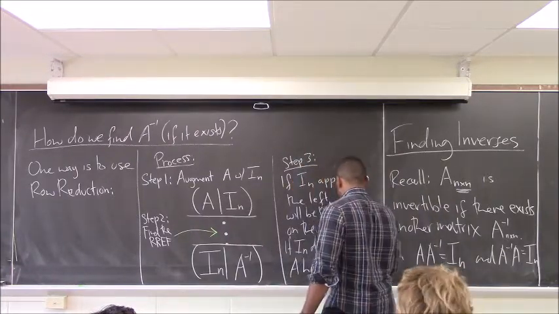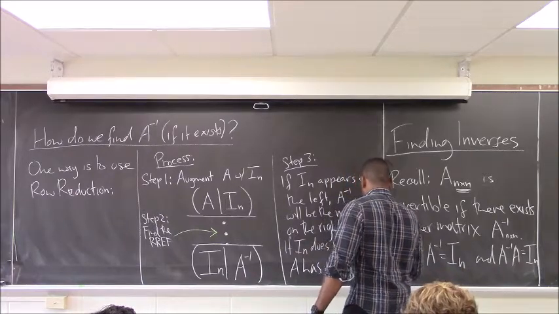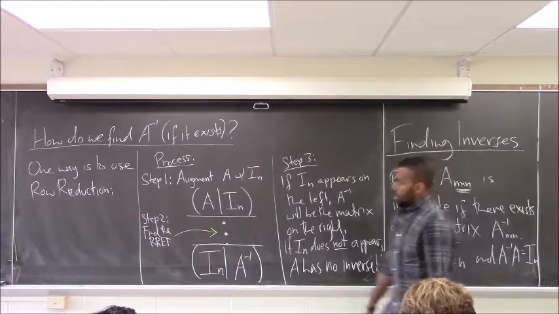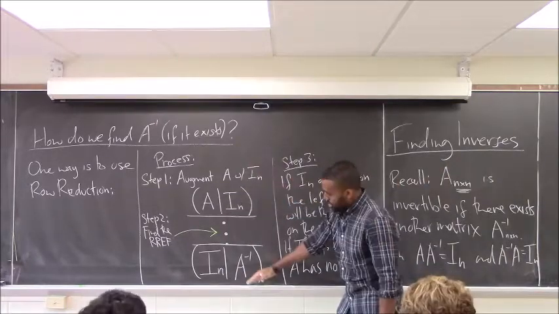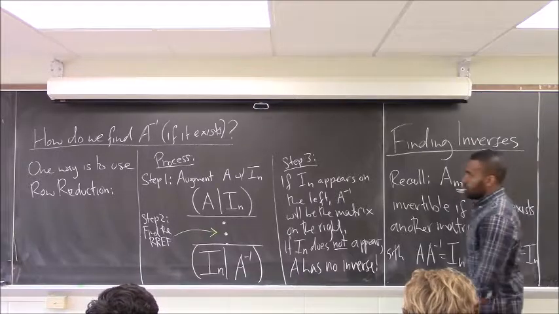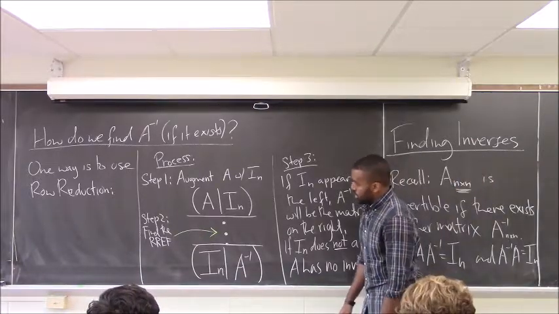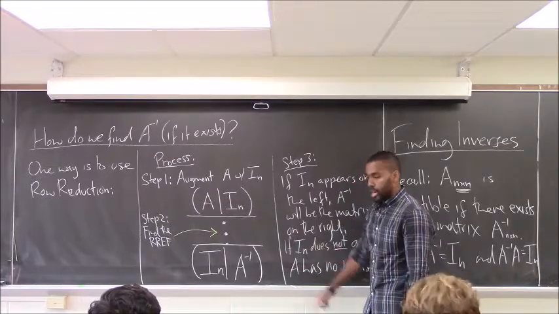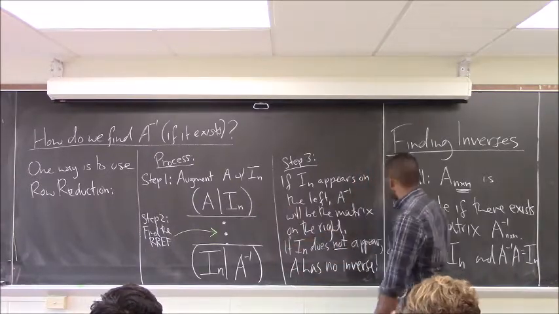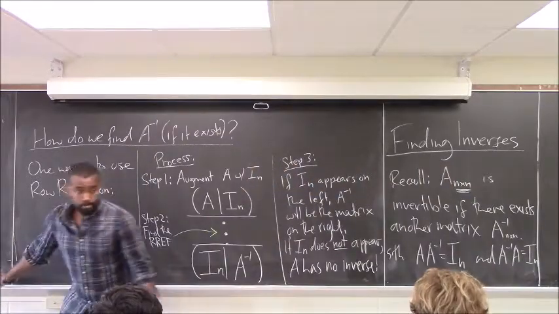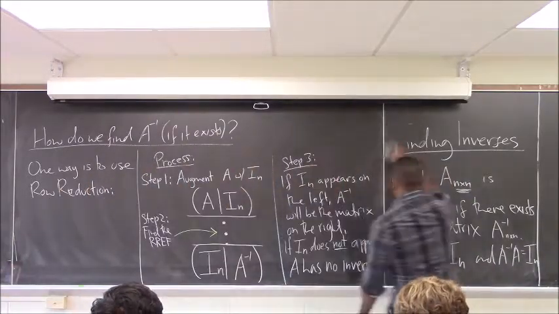So once it has an inverse, this will work out. Take your matrix, put it beside the identity, do the reduced row echelon form, and for any square n by n matrix that has an inverse, that's what the reduced row echelon form of this matrix would look like. And so you just copy off the matrix on the right. That's basically it.